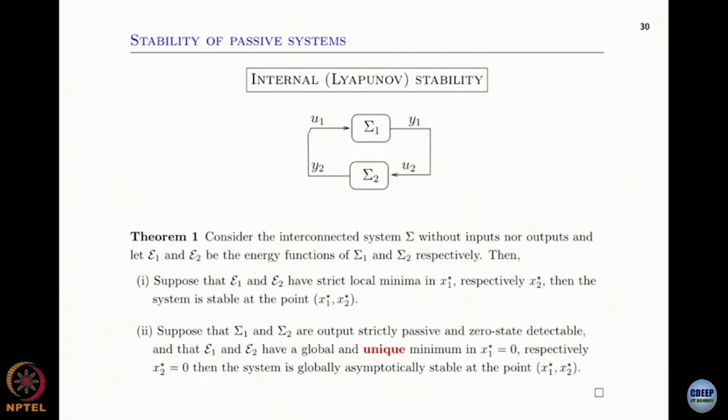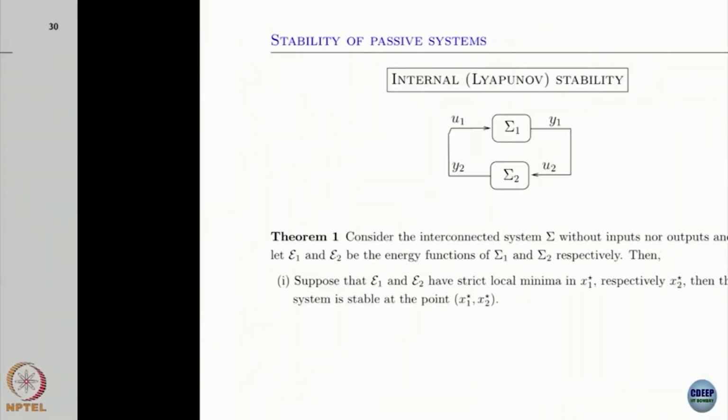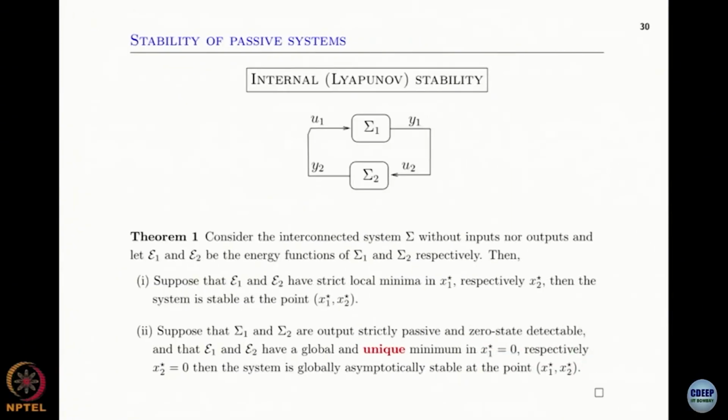Now, internal Lyapunov stability. Well, we saw that the interconnection of passive systems is passive. Because if these systems are passive, when we interconnect them, this will be passive. And due to what I just said about how passivity relates to Lyapunov stability, we will be able to also say things about this passive interconnection.